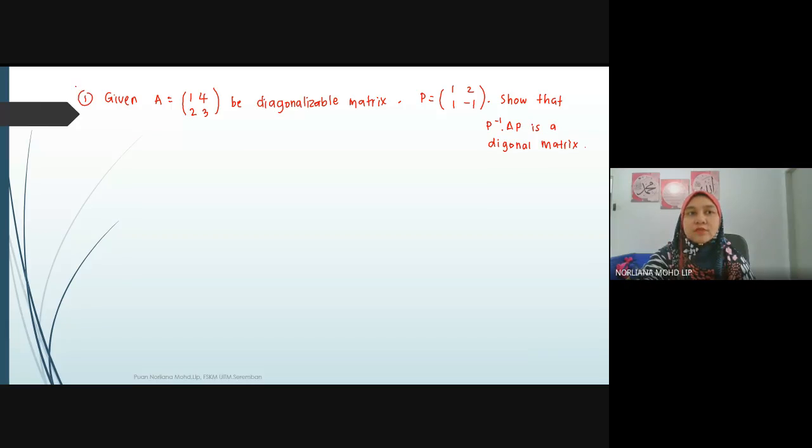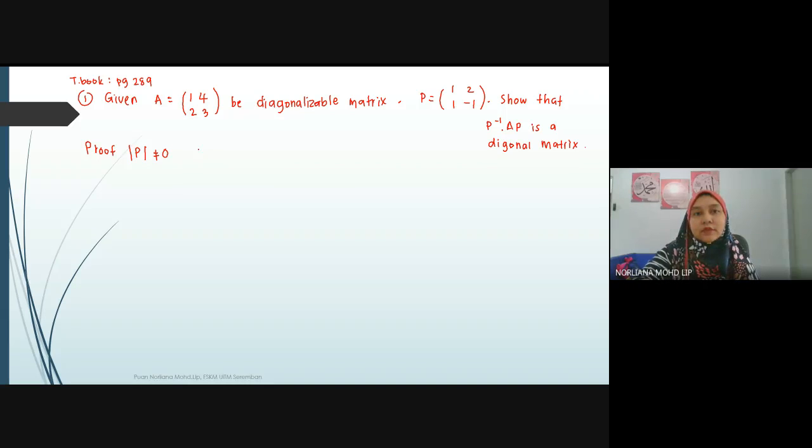Ni boleh refer textbook lah, page 289. Kita kena proof ni, determinant of P not equal to 0.